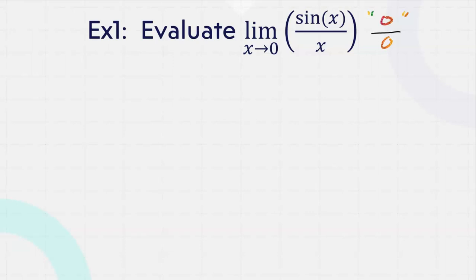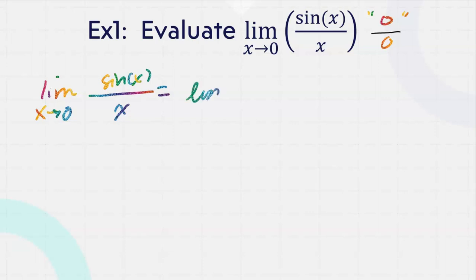What the L'Hopital rule will say is that the limit as x goes to 0 of sine x over x is going to equal the limit as x goes to 0 of the derivative of the function f, which is cosine of x, divided by the derivative of x, which is 1.